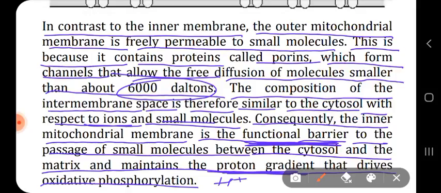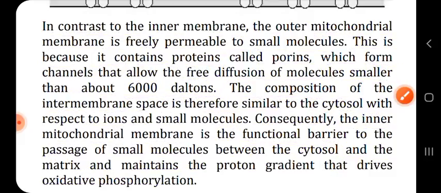So the inner membrane is the main functional barrier. The outer membrane allows molecules through because it has channel proteins called porins, which allow molecules of less than 6,000 daltons to be transported.